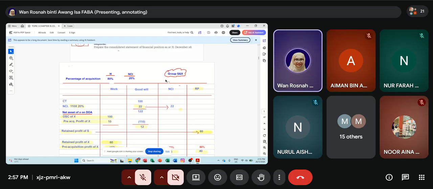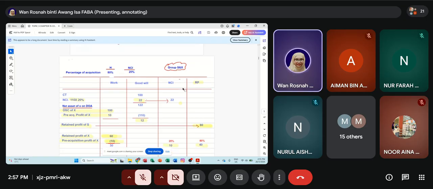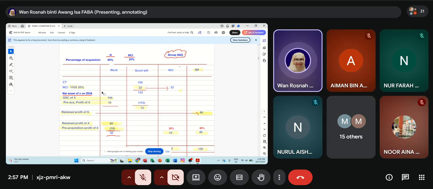You are going to prepare a group of S and X first before you combine with H. H is the holding company of S, whereby the holding company acquires X as a subsidiary. Okay, so 80% here. So total net asset here is 110.